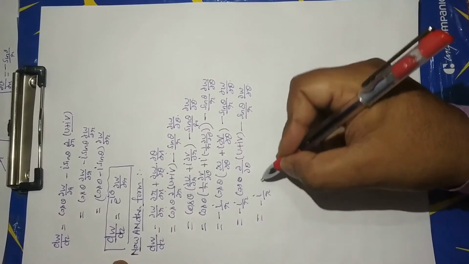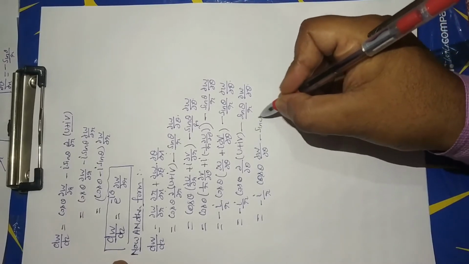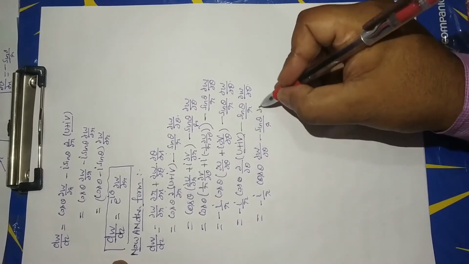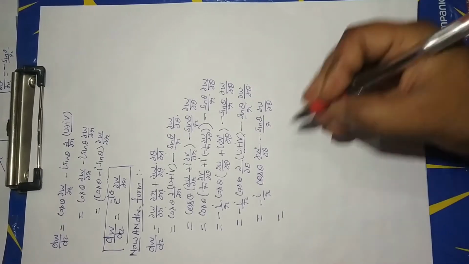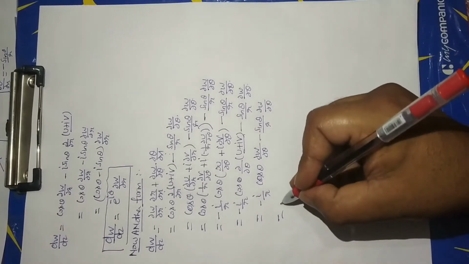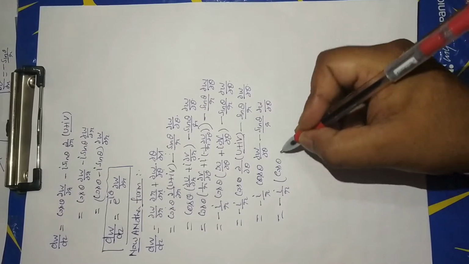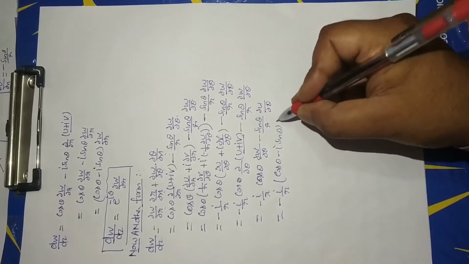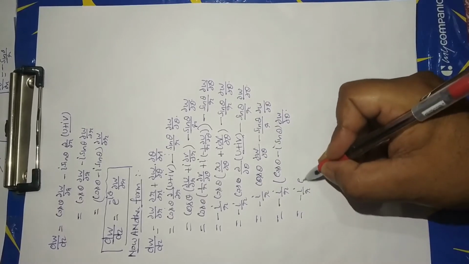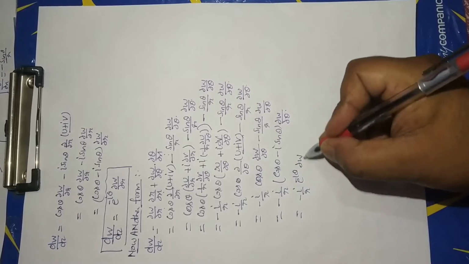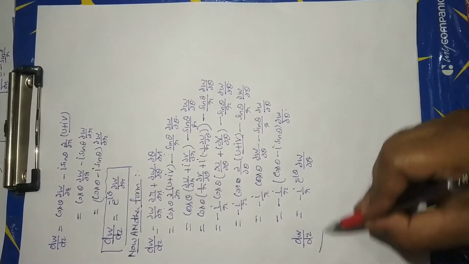Minus i upon r cos theta del W upon del theta minus sin theta upon r. This is the value of W, del W upon del theta as it is. Now common del W upon del theta, so minus i upon r common, cos theta minus i sin theta del W upon del theta, which is minus i upon r e to the power minus i theta del W upon del theta. The value of dW upon dz, that is another form of derivative.